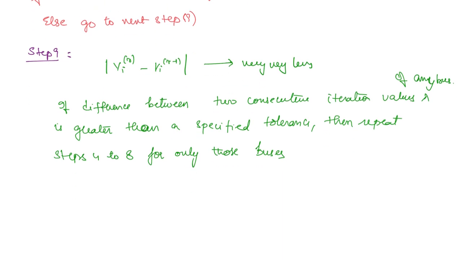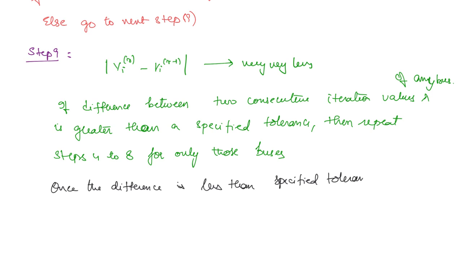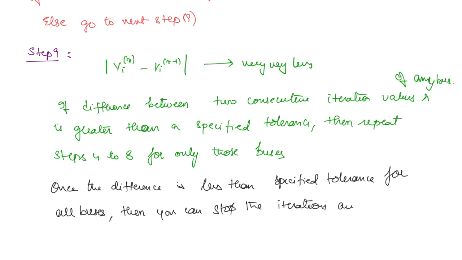So you can write here: once the difference is less than the specified tolerance for all buses, then you can stop the iterations. And then we have to go to the next step.